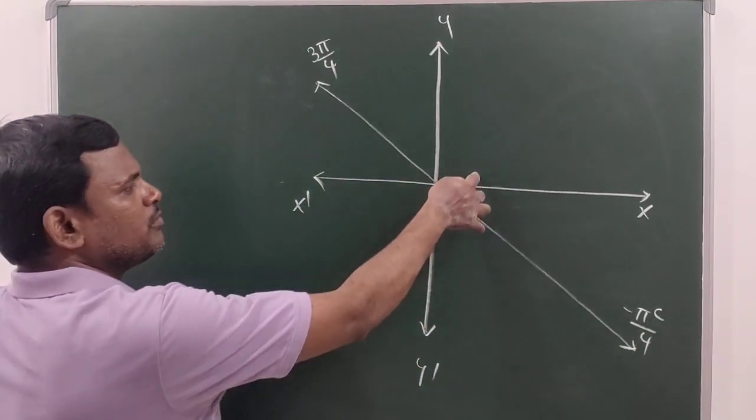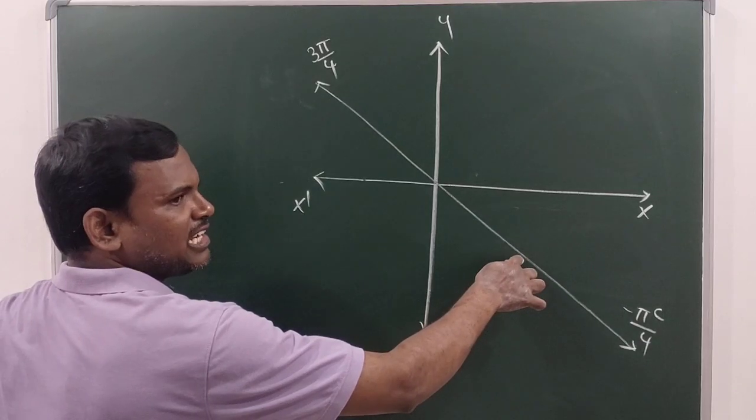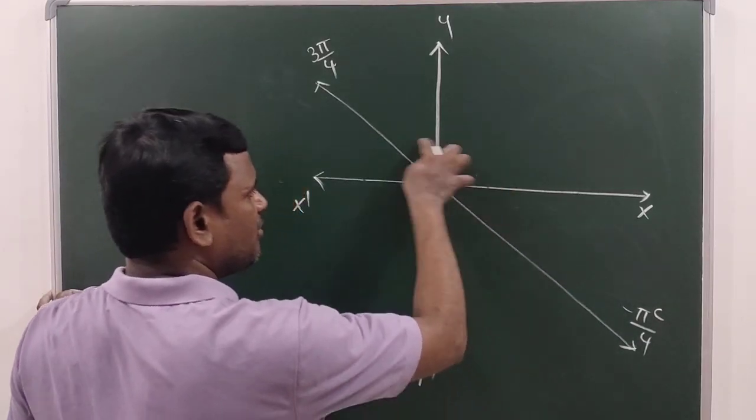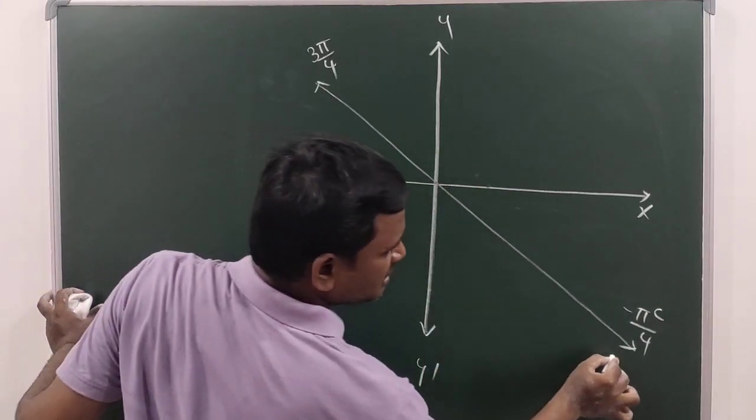If you measure this angle in the anti-clockwise direction, this angle will be how much? 7 pi by 4.